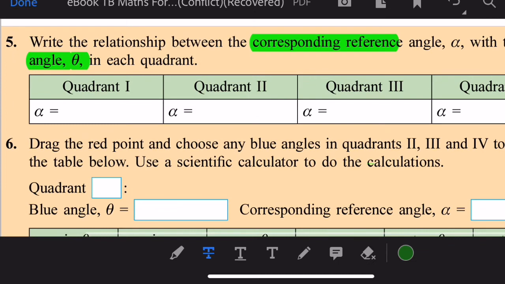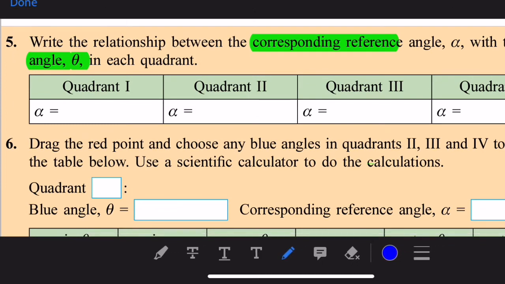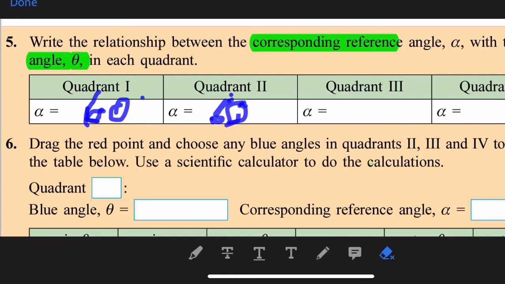Okay, so now I'm going to use GeoGebra. Let's say in quadrant 1, we have 60 degrees. The alpha is 60. For quadrant 2, it is 60 also. We can use any angle we like.